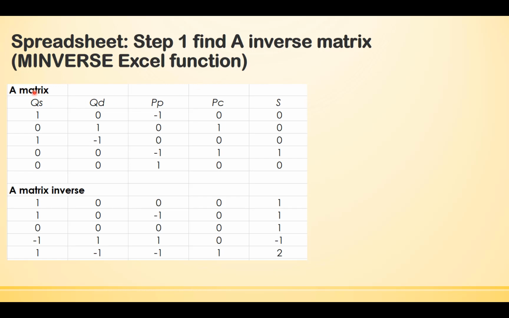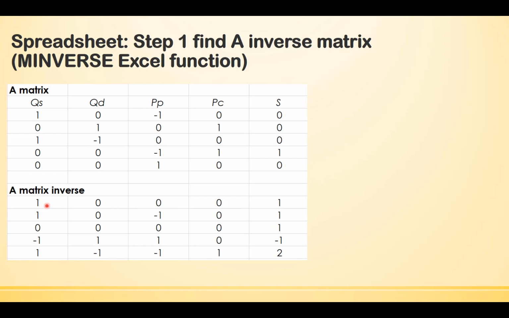So if we build out our A matrix like this and do it accurately, then we can just use an array formula in Excel called MINVERSE. We can solve it, and cell by cell we'll end up with this 5 by 5 inversion matrix.